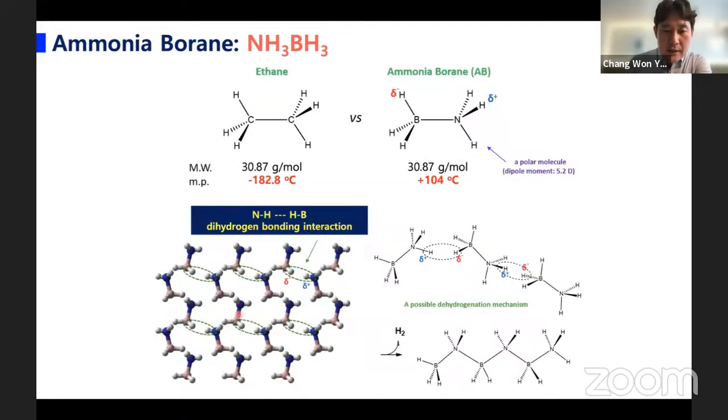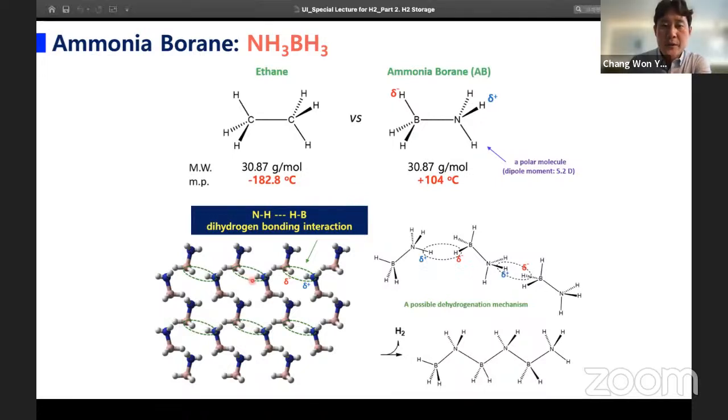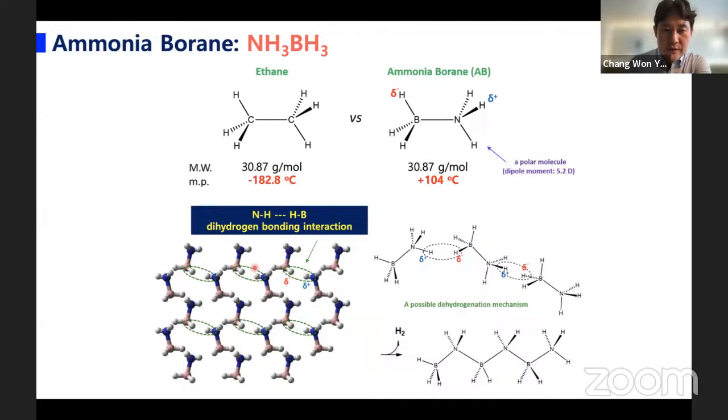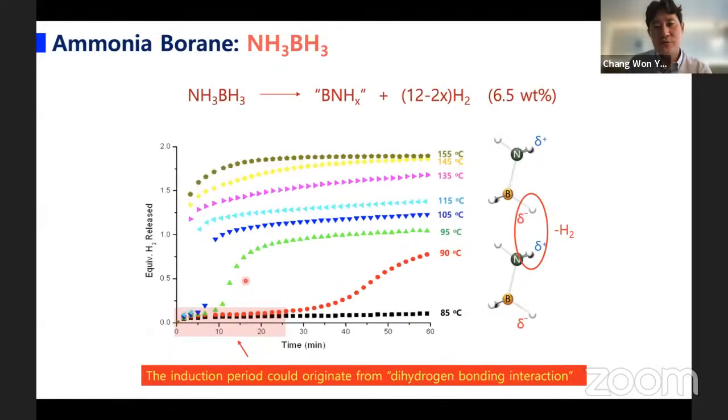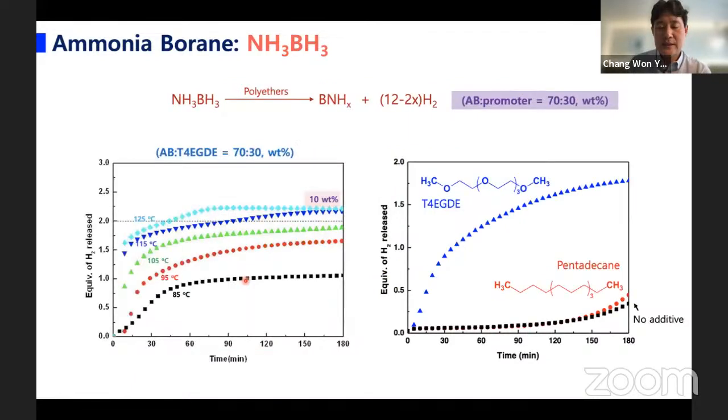The hint will be that maybe during the induction period, this kind of dihydrogen bonding interaction will be perturbed, and this interaction is perturbed and broken, and melting and reaction happen. This is what scientists actually characterize.